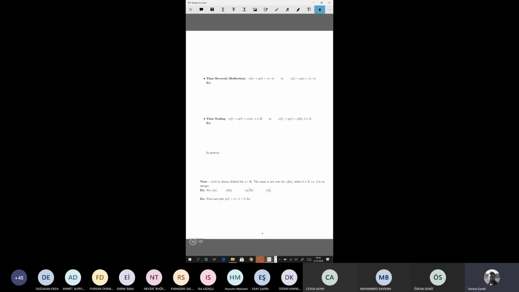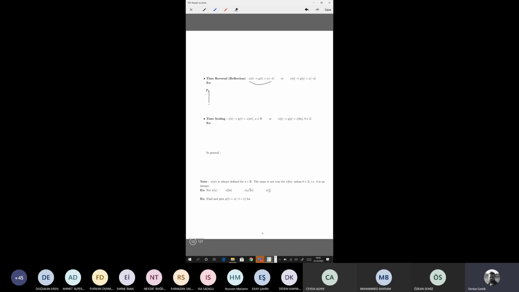So what about time reversal? Time reversal is actually reflection around the origin. If you have such a time shift, time reversal, y of t is x of minus t.